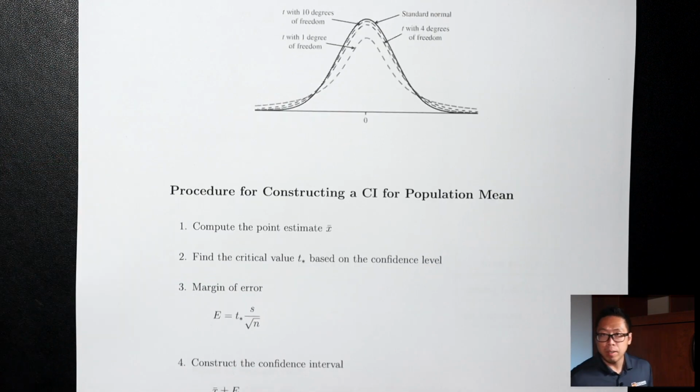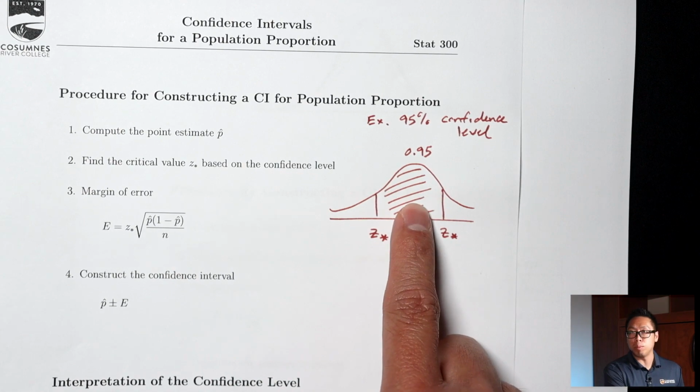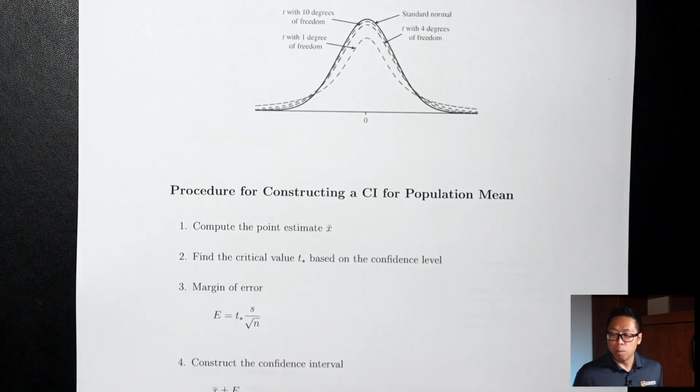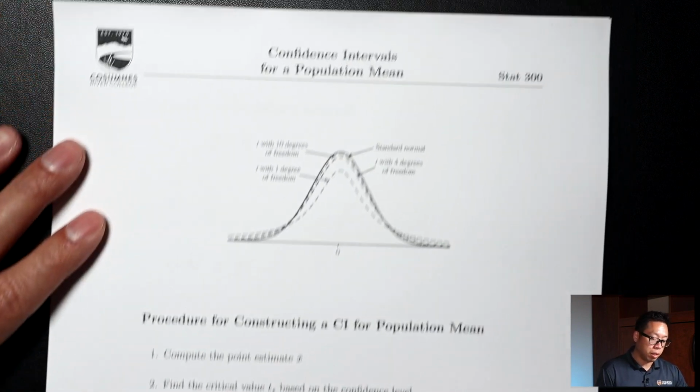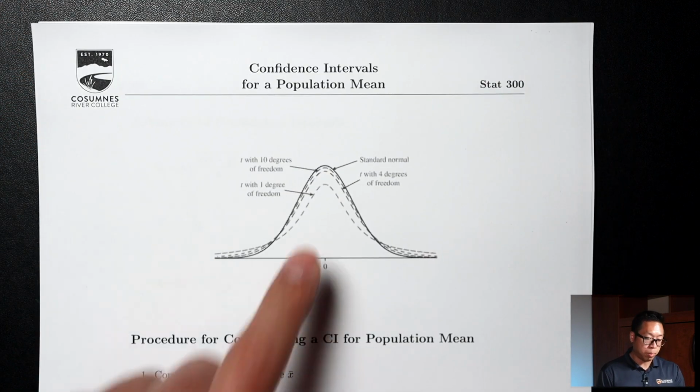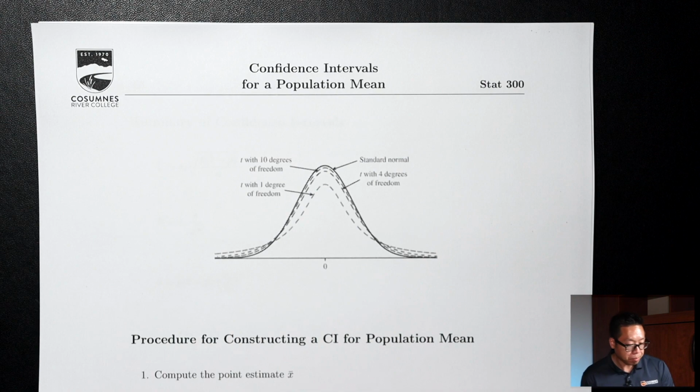Step 2, in the last lecture, in the proportion situation, step 2 involved drawing the normal distribution picture. For means though, instead of a normal distribution, we'll be using another distribution called a t-distribution. And that's what this picture at the top here represents.